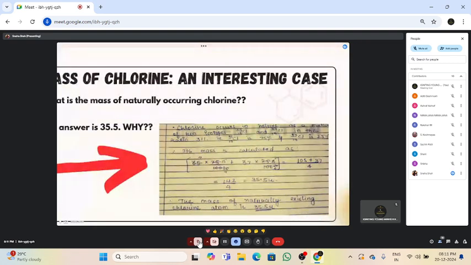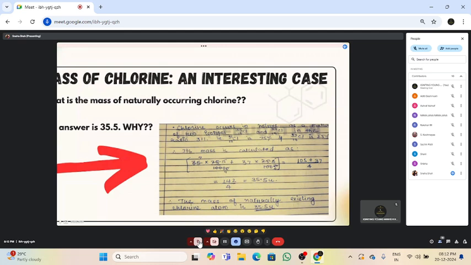Actually, like we discussed, chlorine has 17 protons, 17 electrons, and the remaining 18 are neutrons. So its mass number becomes 35. But in nature, the weight should also be 35, and it is not. It turns out to be 35.5.